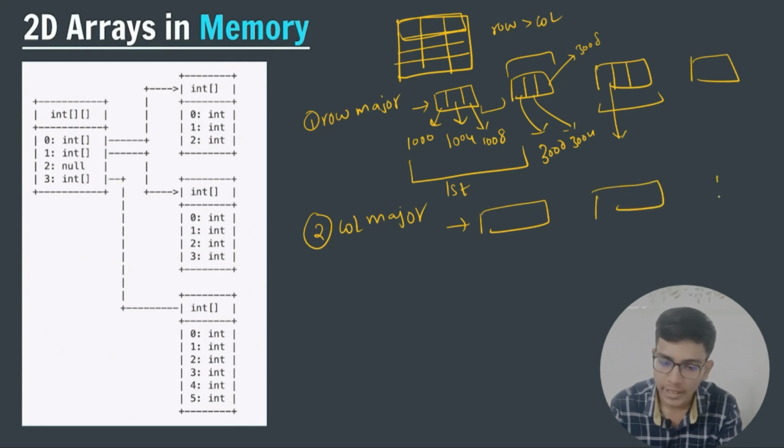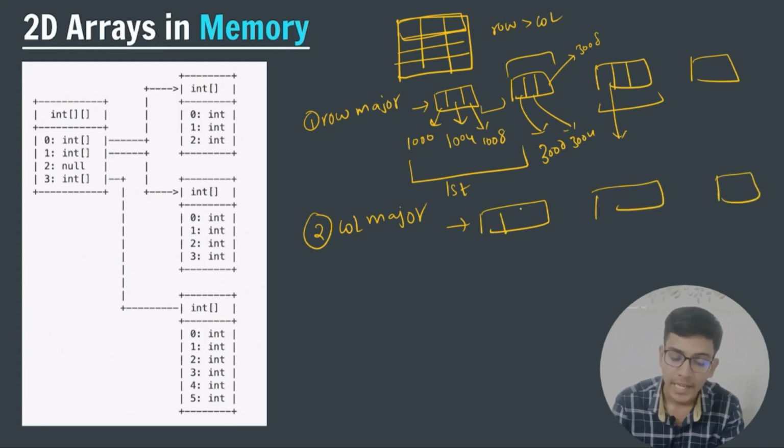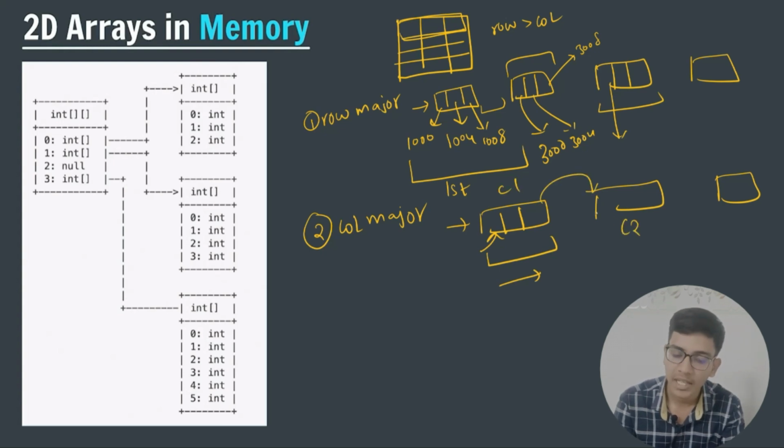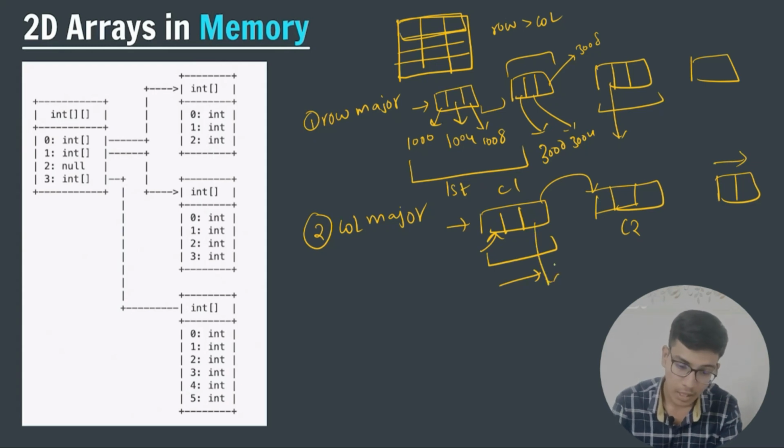So 3 columns will take place, and the elements which are there in the column will be allocated memory in continuous fashion. After column 1 is completed, column 2 will take place, and the elements also take place in continuous fashion. After it, in column 3, a similar thing goes on. But remember guys that the address of the last element in my first column, let us consider, is 1008.